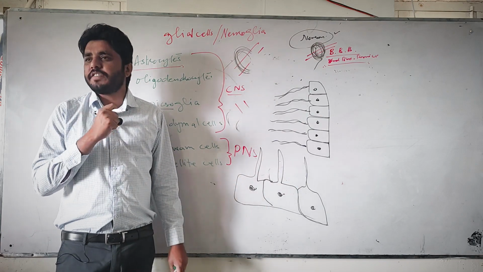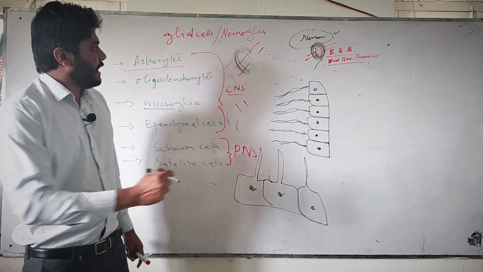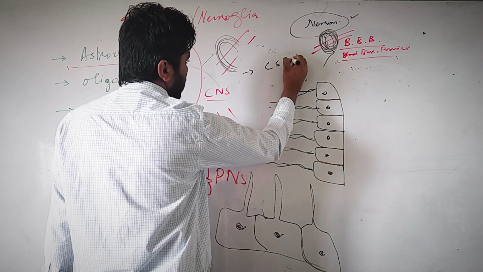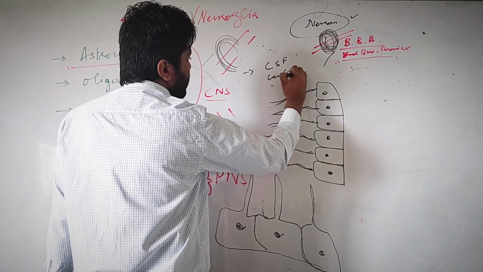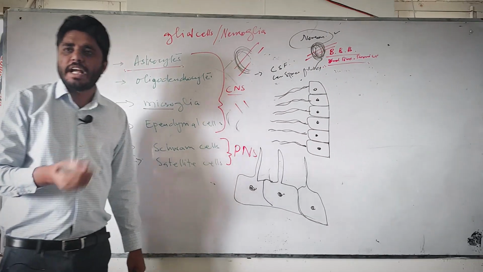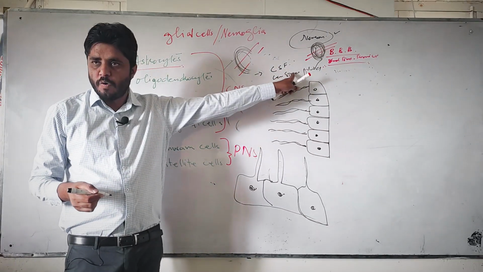What is the function of these cells? People believe that they are involved in the production of CSF, cerebrospinal fluid, because these ventricles actually have cerebrospinal fluid.